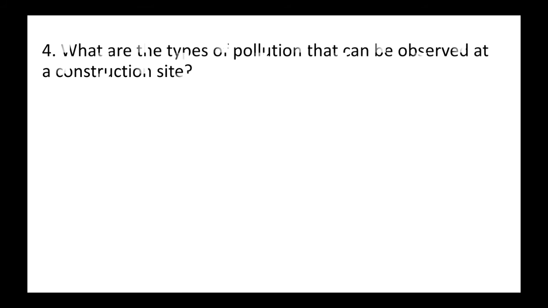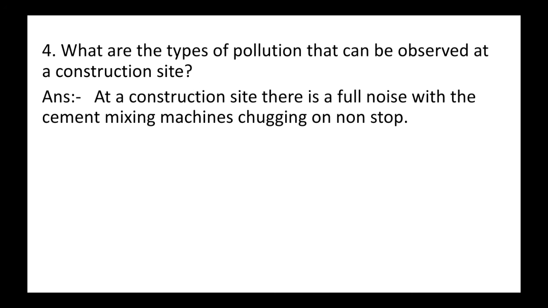Moving on to the next one. What are the types of pollution that can be observed at a construction site? Answer, here students, you have to write the answer in point form. The first point is, at a construction site there is a lot of noise with the cement mixing machine running non-stop.